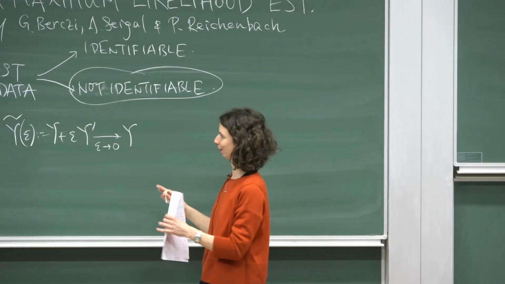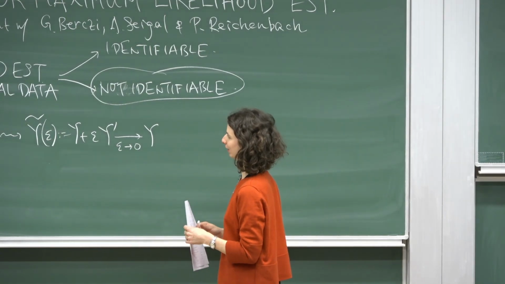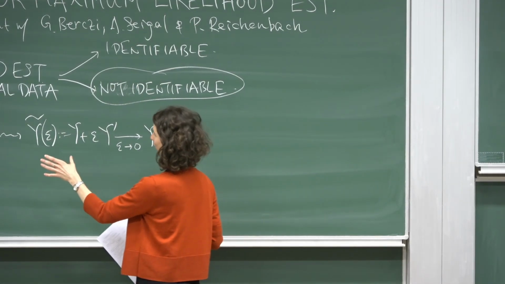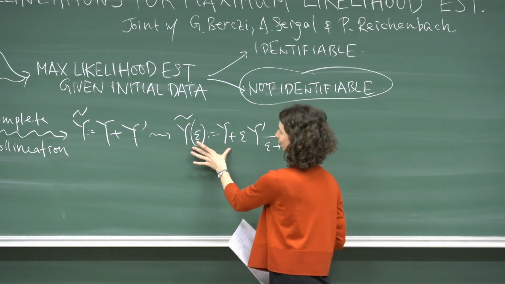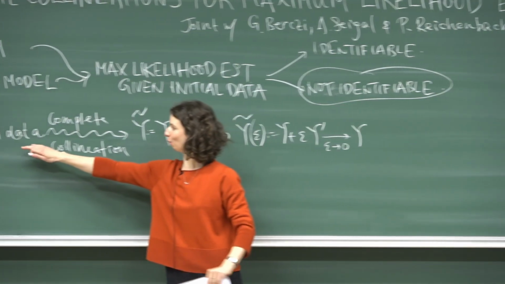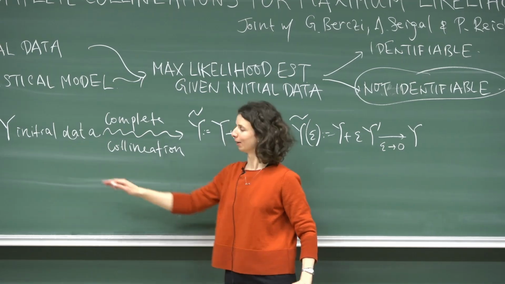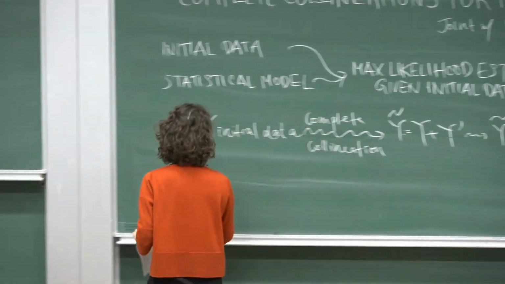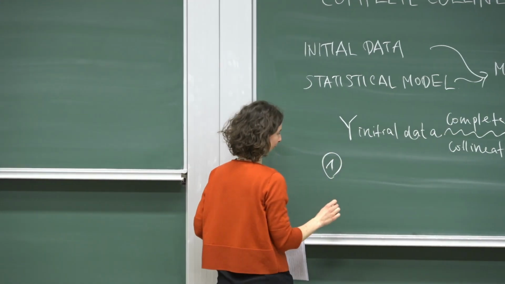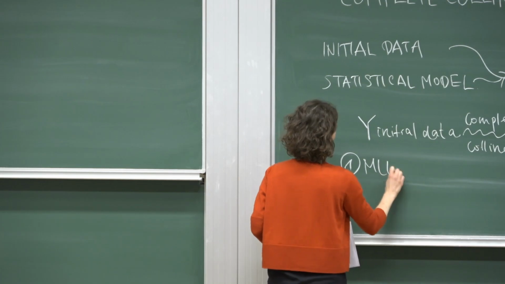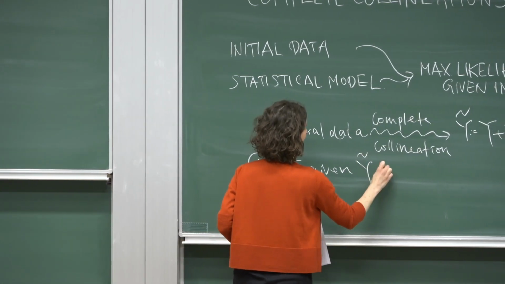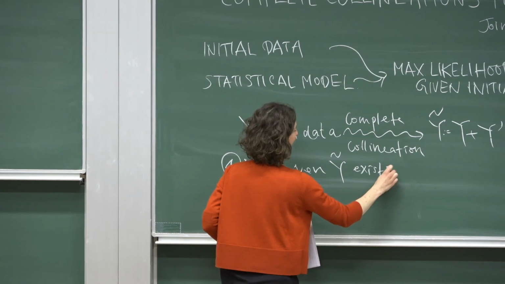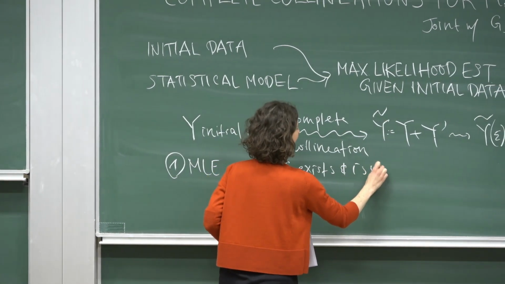The results that we prove in this project are about relating the MLE given y tilde to the MLE given the initial sample. So the results are along these lines. First of all, we show that the MLE given y tilde exists and is unique.